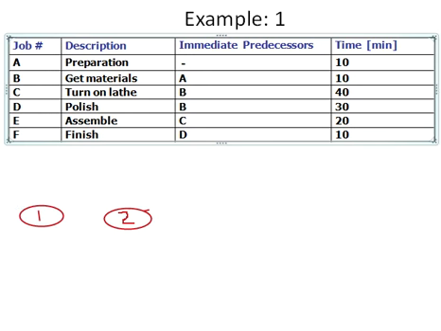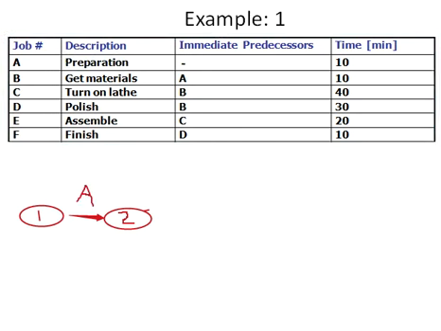And this arrow represents an activity, and that is activity A. So it is clear how activity A is represented between these two nodes, and for the time duration 10, you can also write 10 over here.